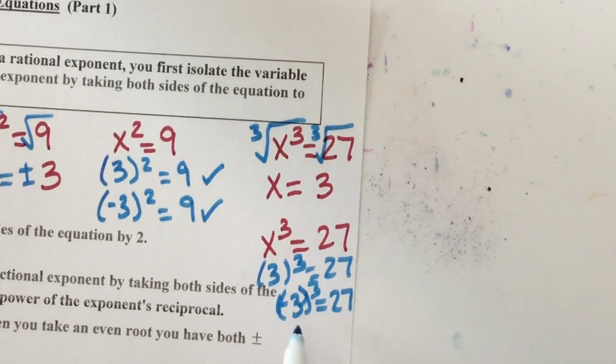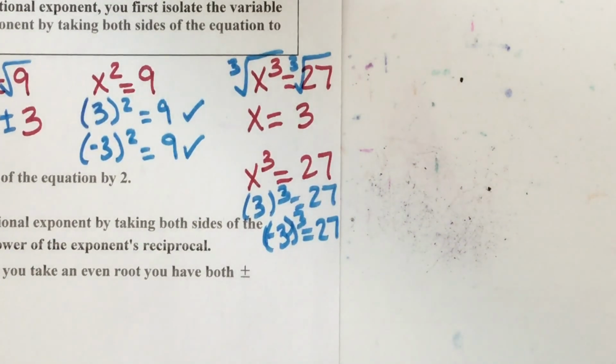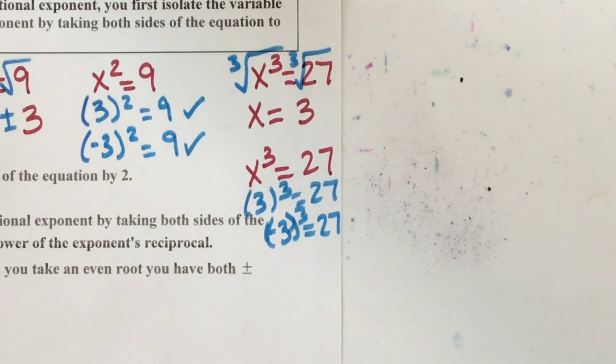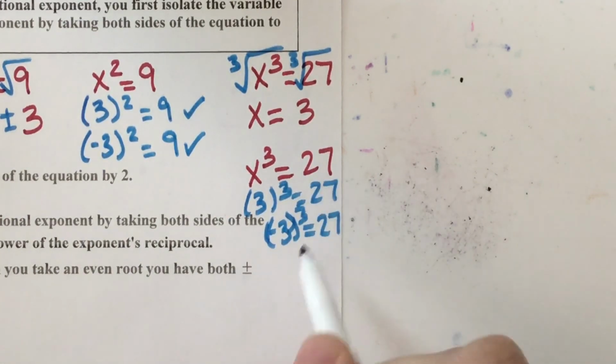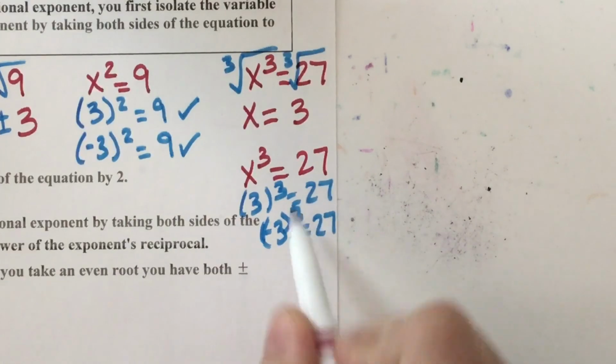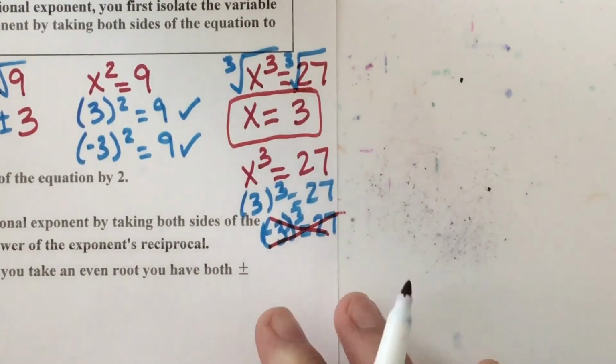Does negative 3 times negative 3 times negative 3 make a positive 27? What do you think? No. Negative 3 times negative 3 is a positive 9 times another negative 3 is a negative 27. So no. So this one, there's only one answer.